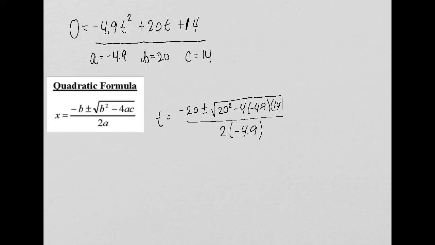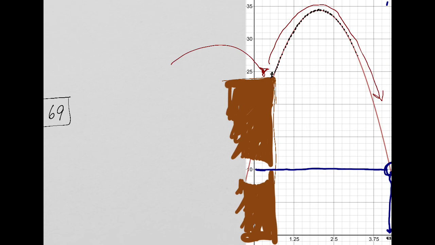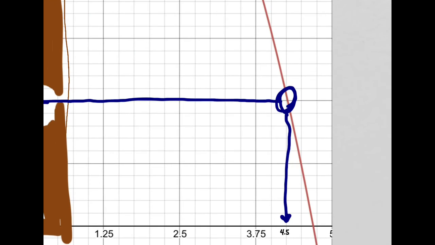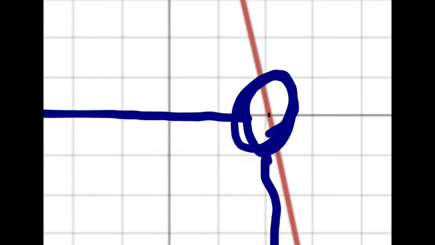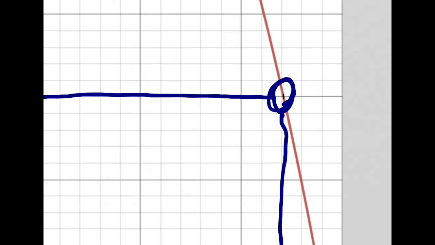Getting this into our calculator, we will arrive at approximately 4.69 seconds. Recall that according to our picture, it looked like it was 4.5, but it's actually a little bit beyond 4.5.